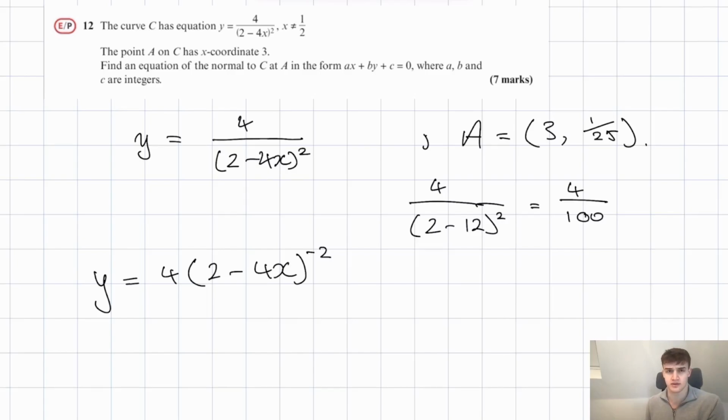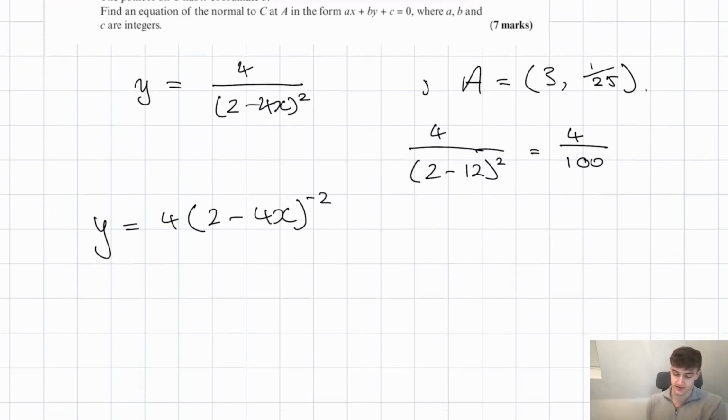Now, some of you may have seen the quotient rule, and sometimes you like to do things like that. Definitely, for this you don't need to do that, and I definitely wouldn't recommend doing the quotient rule in general. I think the product rule is a lot easier to use.